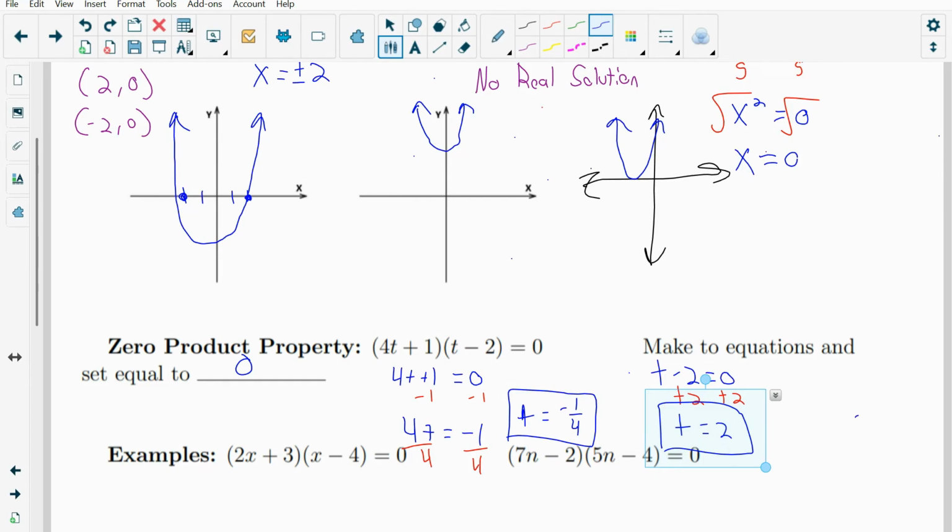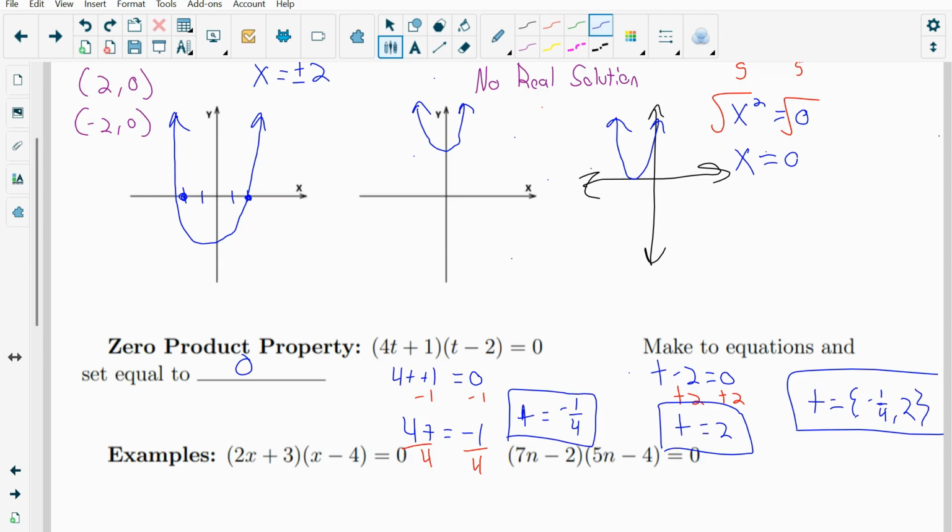If I wanted to, I could write this in set notation, saying that t equals negative 1/4 or positive 2. So pretty much if you were to set factors equal to 0 and solve out both of those factors separately, you could find your two solutions for your variable.